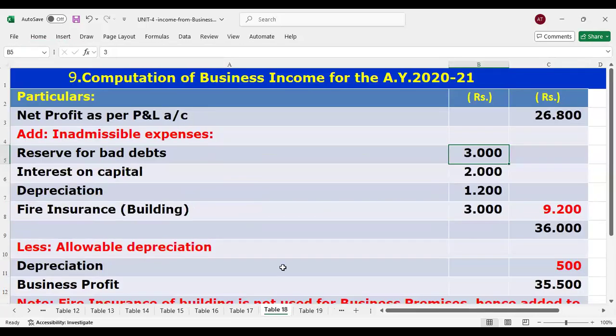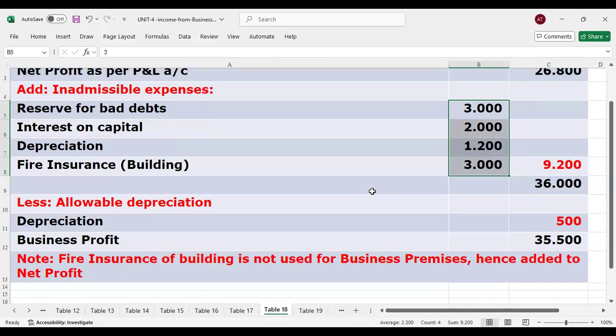So reserve for doubtful debts, interest on capital, depreciation, and fire insurance are not my regular activities of expenses. Please remember, insurance, why is it not regular? Because protecting my assets is not my business. My business may be something like trading. But if I pay for insurance or depreciation, it's the provisions I'm making against loss, so they are not allowed. In case of business profit, fire insurance is used for premises, hence added back to net profit.